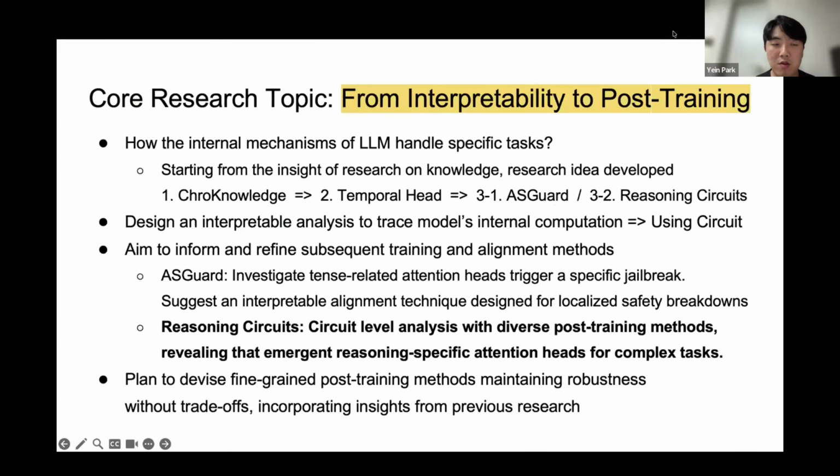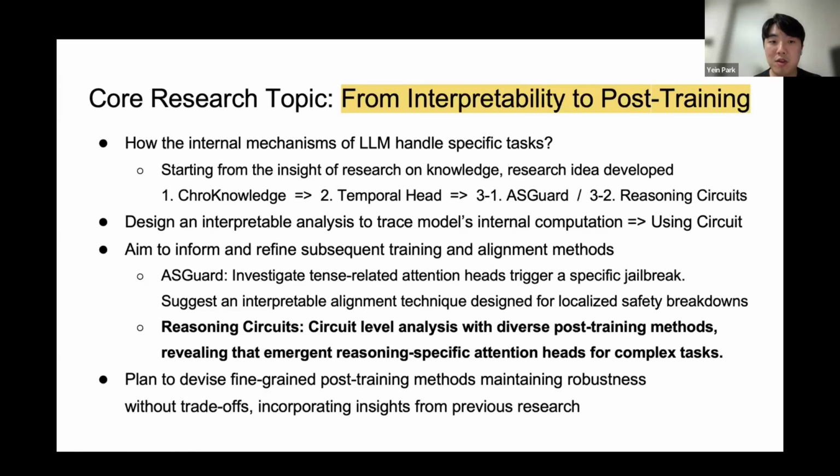For the background, I would like to share my core research topic. It is named From Interpretability to Post-Training, which means I would like to question how the internal mechanisms of LLMs handle each specific task. That is why I started from research on knowledge, especially temporal knowledge.